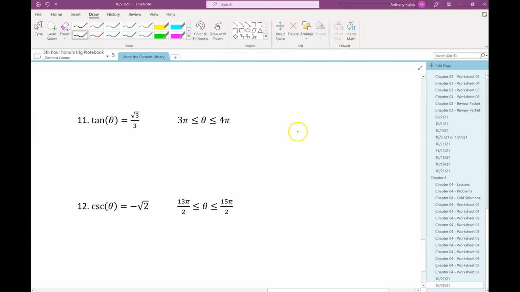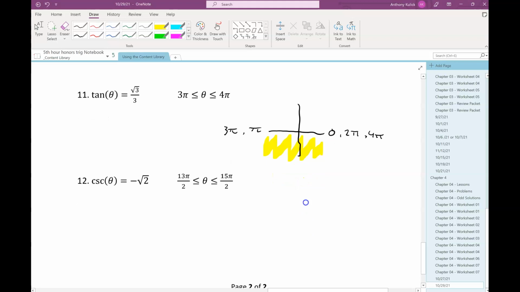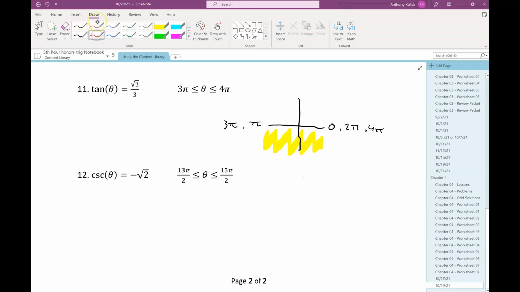So let's start by kind of drawing our picture. 0, pi, 2 pi, 3 pi, and then 4 pi. I skipped labeling the verticals. Is that okay? Yeah, that's fine. Okay. So we're looking at either quadrants 1 and 2, or I'm sorry, 3 and 4.